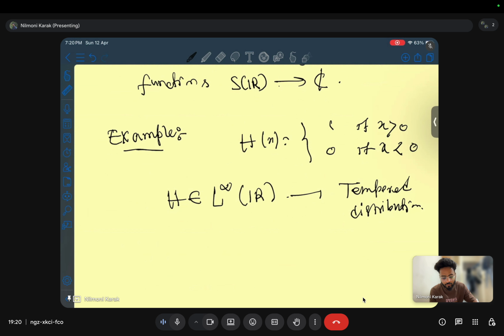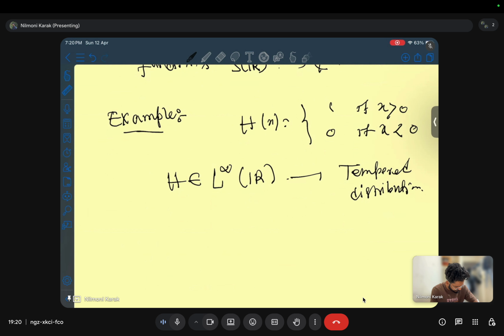So now let us compute the distributional derivative. What is h dash f?